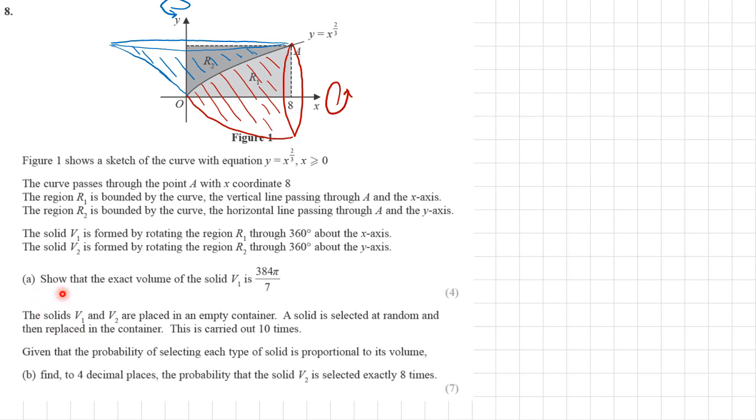Part A, show that the exact volume of the solid V1 is 384 pi over 7. So first of all, let's just remind ourselves of the volumes of revolution. So I'll color code this.